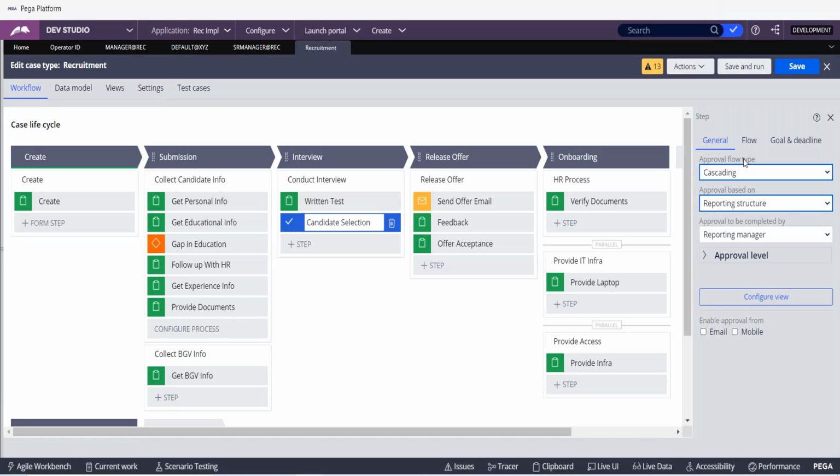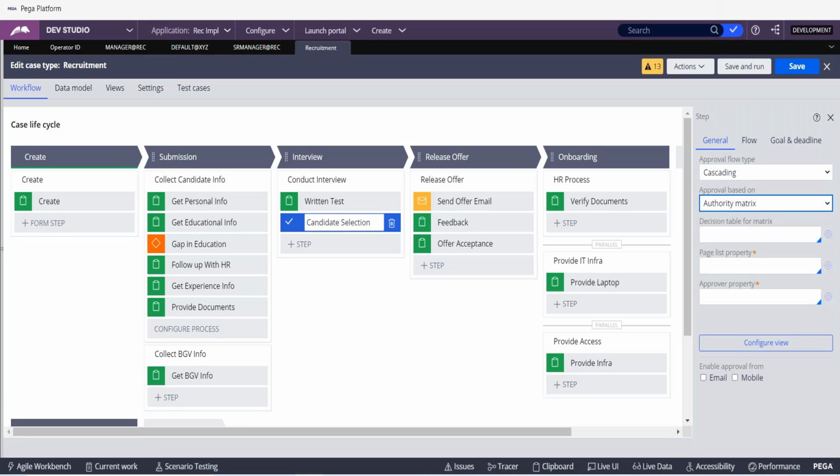Some finance manager or auditor would approve it. Does it mean your project manager reports to a finance manager? No. Sometimes we might need people who are not part of our reporting matrix also to approve certain things. That is based upon the authority matrix.